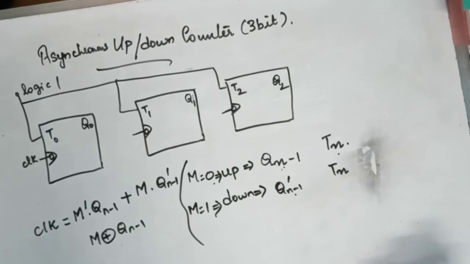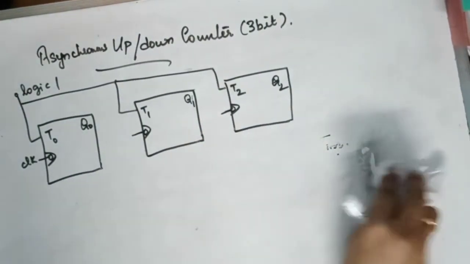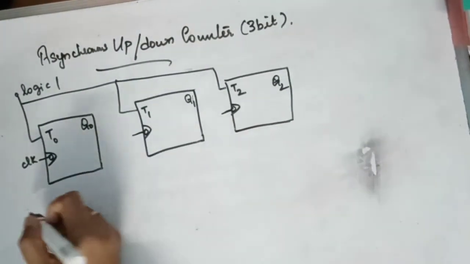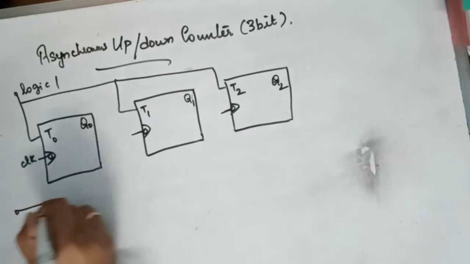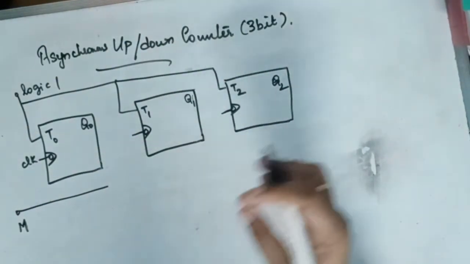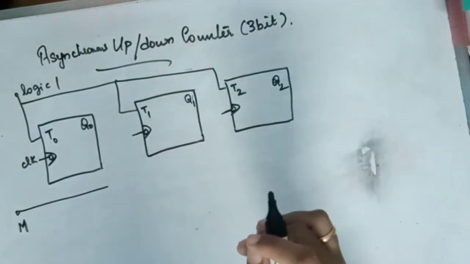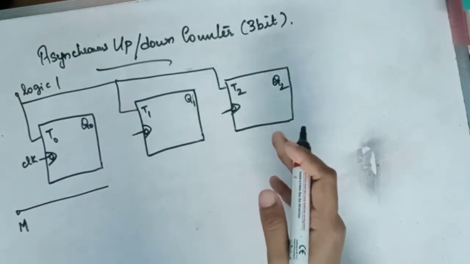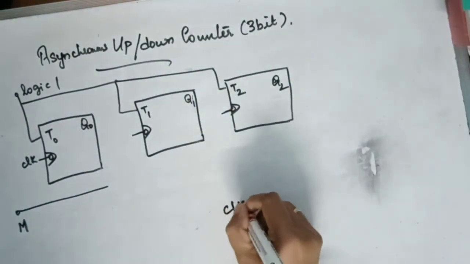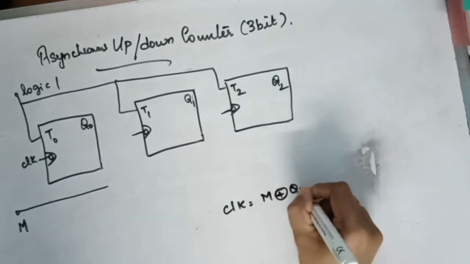Yes. So if we implement this, suppose this is my M, and this is a switch which I can move. You can keep it at 0 or 1. So if it is 0, then Q0 should clock. So what is my equation? Clock is equal to M XOR Qn minus 1.